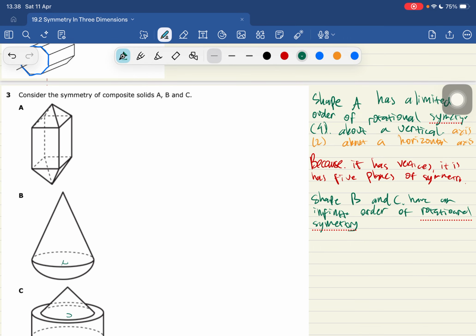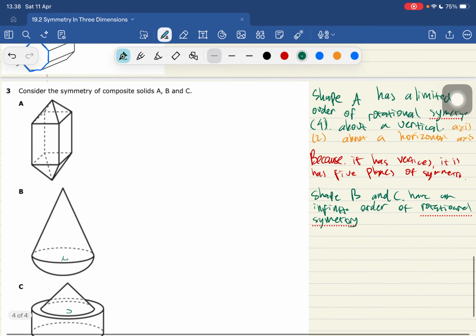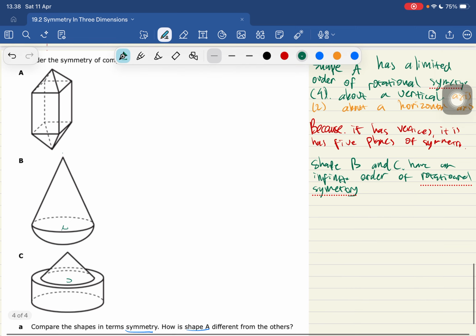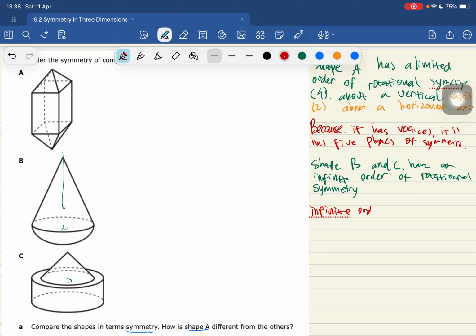Even horizontal or vertical axis? No, only vertical. We can see it is only vertical. So we can see this is an infinite order about the vertical axis.